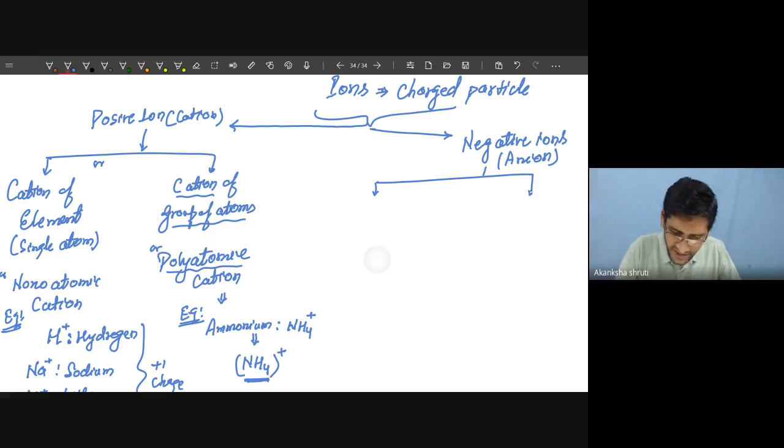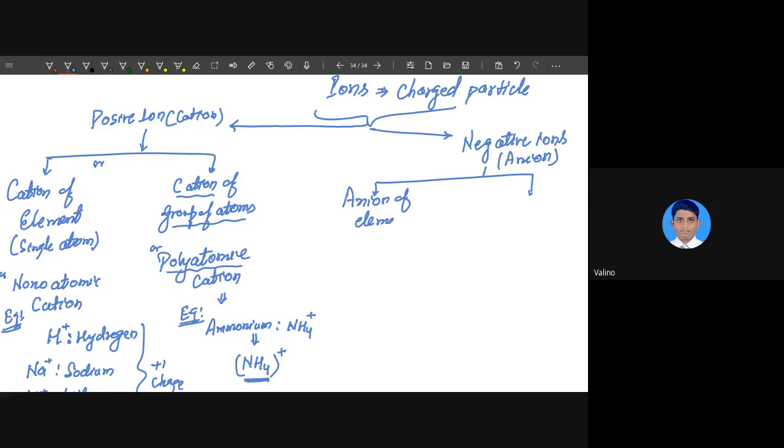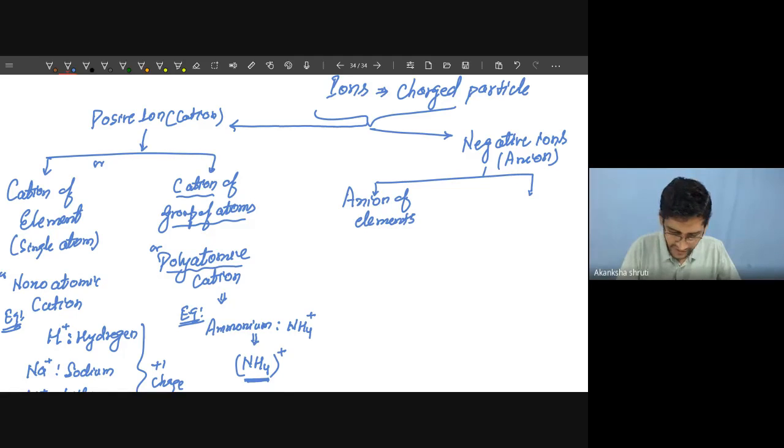One is called what? Anion of which one? Elements, students. Elements. Very good. And this is also called what? Like monoatomic cation, it is monoatomic anion. Okay, good.